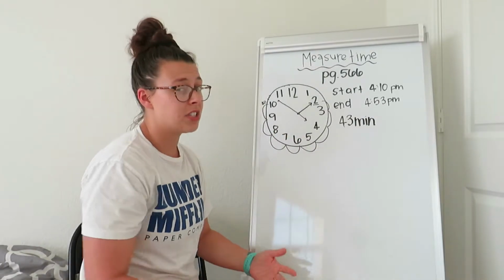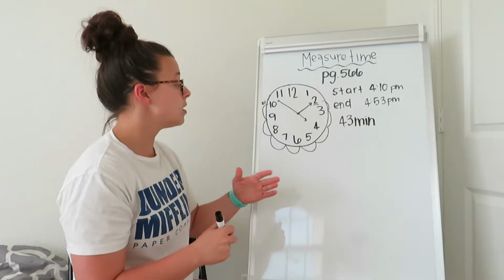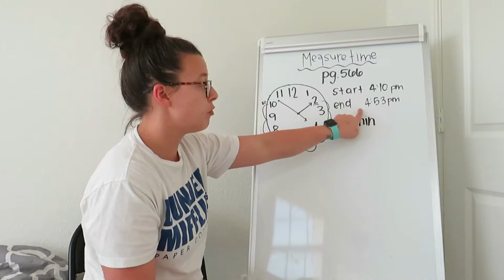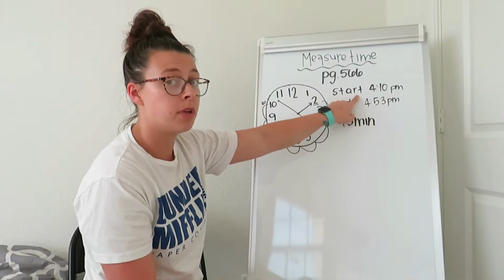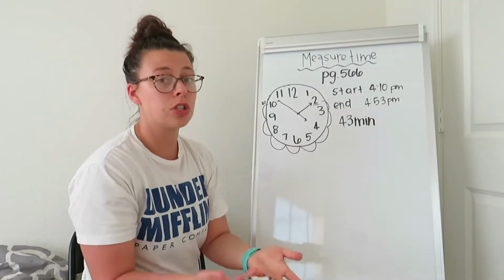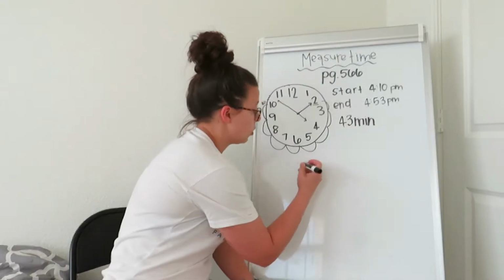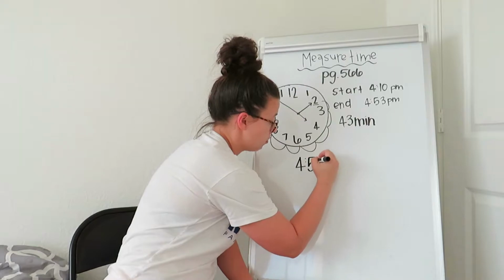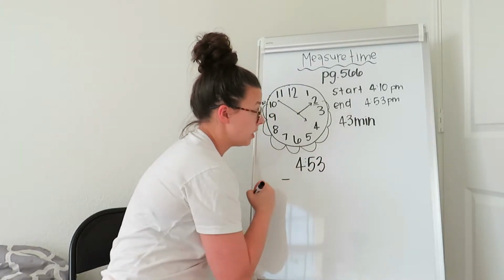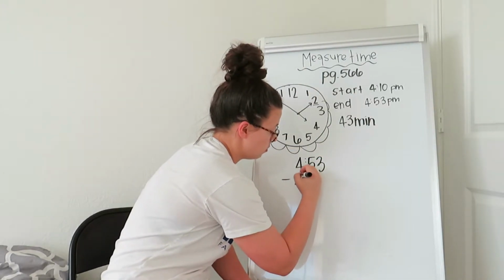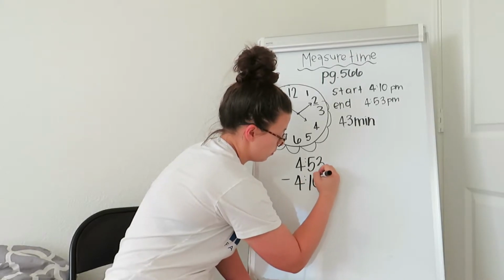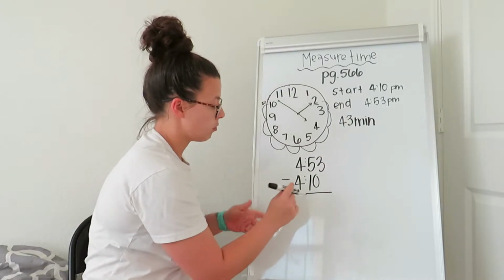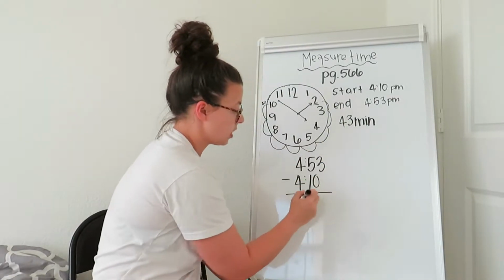Another way we could have solved this is just by subtraction. So with time, you always want to start with your end time first minus your start time, because it's usually going to be your biggest number. So we're going to say 4:53 minus 4:10, and you want to make sure, even Mrs. Adams kind of wrote it, your ones place is lined up with your tens.